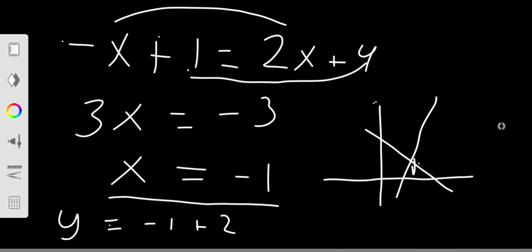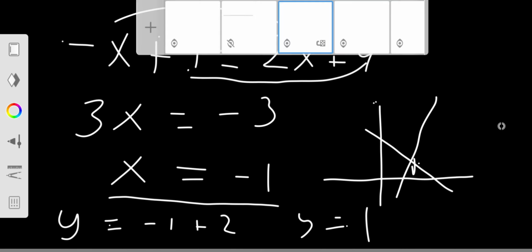So our epsilon is equal to 1. Now let me go to a new paper. So we have the intersection point. They intersect when epsilon is equal to 1 and x is equal to minus 1. This is where they intersect in the value of epsilon and x.